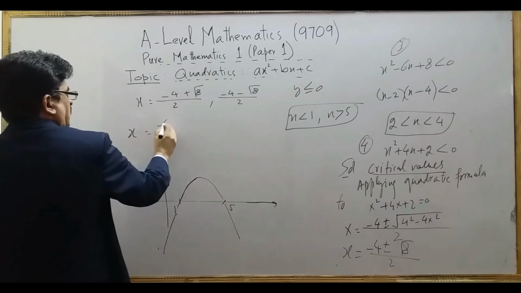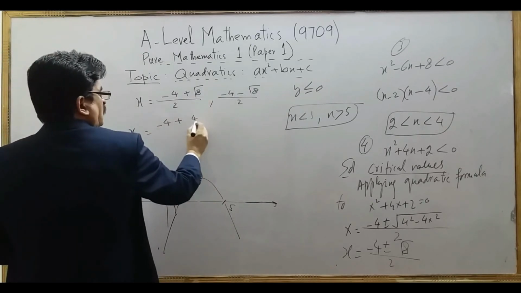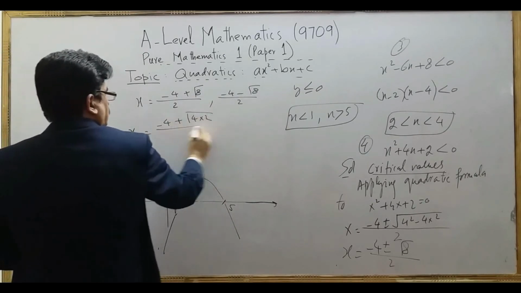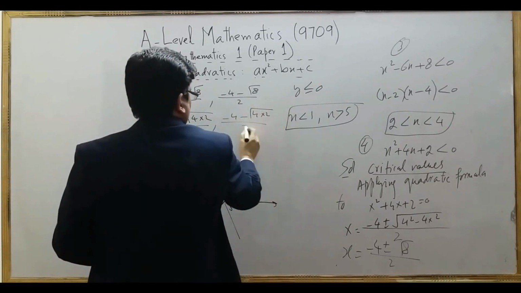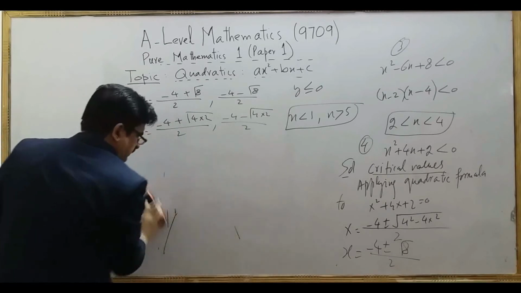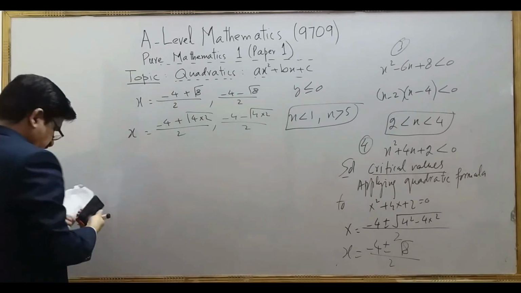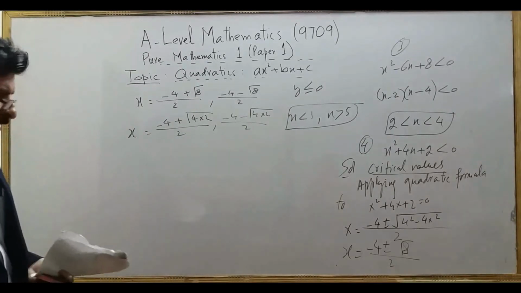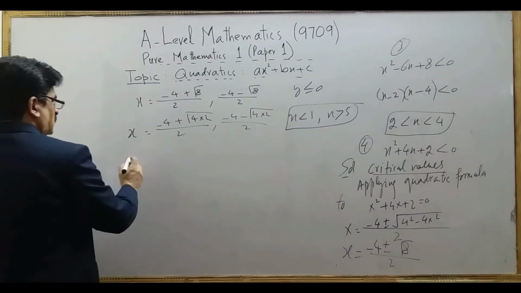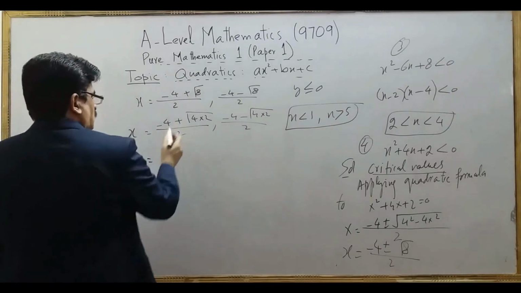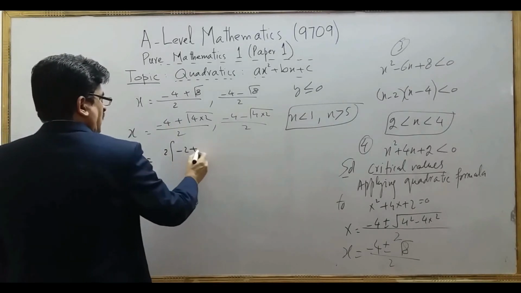You know that we can write root 8 as root of 4 into 2 over 2, and also this is root of 4 into 2 over 2. So we can further simplify this if we want to. You can take common 2.